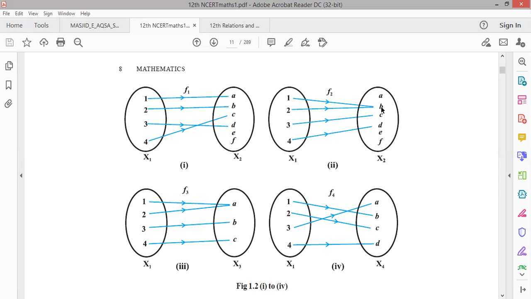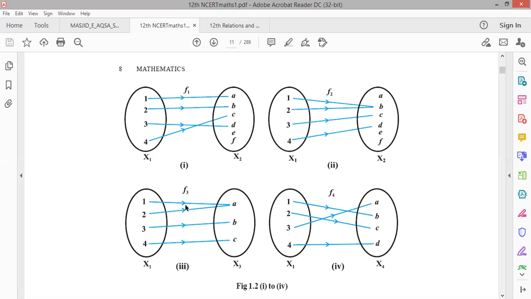Is it onto? No, here is at least one element a, and even more elements, say e and f, are not having any pre-image under this mapping f2. So it is not onto. It is not one-one and not onto, so neither one-one nor onto, but it is a many-one function.